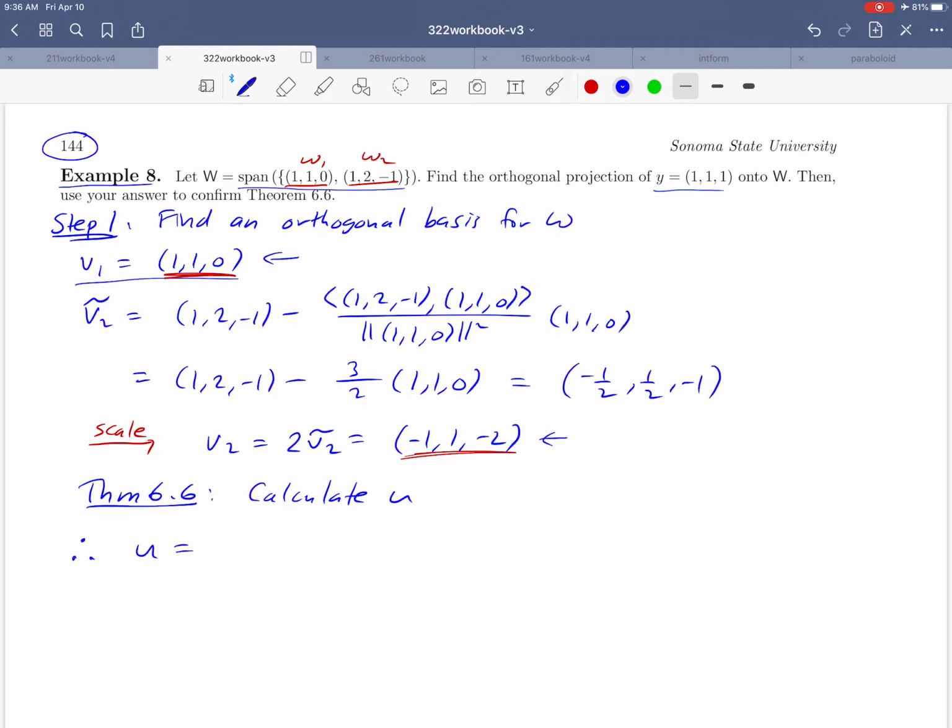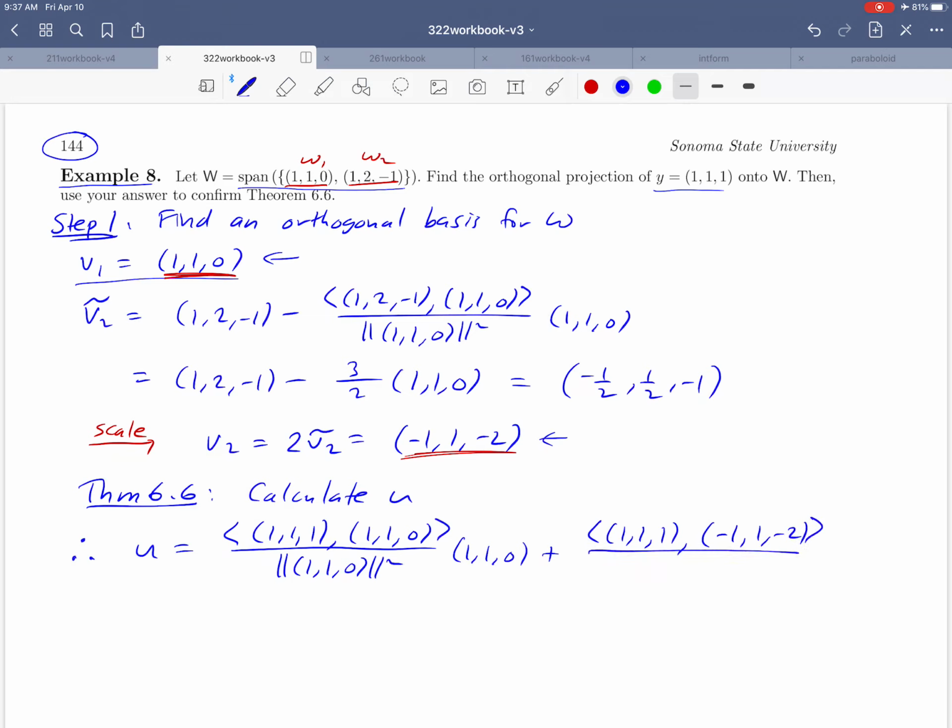Okay, so u is going to look like the inner product of y, which is 1, 1, 1, with V1 over the length of V1 squared, times V1, plus the inner product of y with V2 over the length of V2 squared times V2.